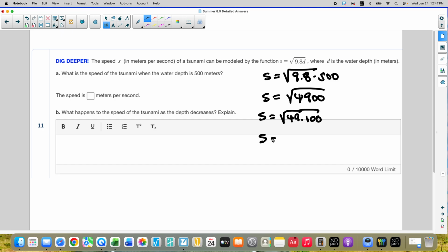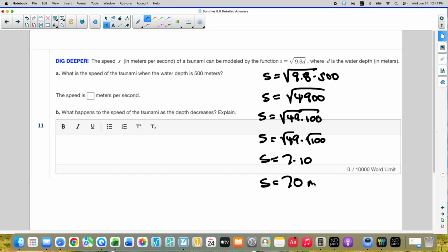Remember, we can separate radicals being multiplied. The square root of 49 is 7 and the square root of 100 is 10. So it is 70 meters per second.